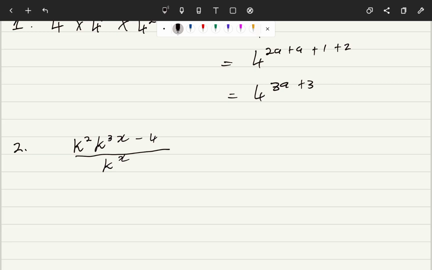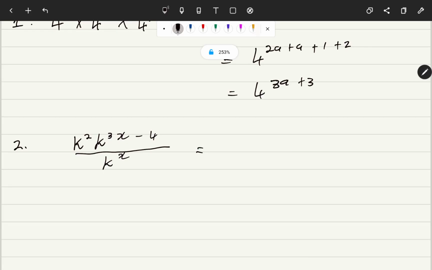It will be unwise for you to watch the solutions being done without having attempted the problem, right? Cool stuff. So now you're thinking to yourself, we have the same bases. Our base is k, right? But at the top, you realize that you are multiplying. So there's k to the power of 2 multiplied by k to the power of 3x minus 4, right?